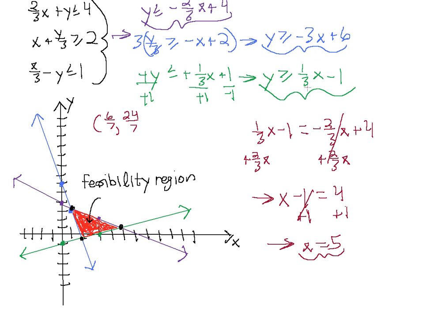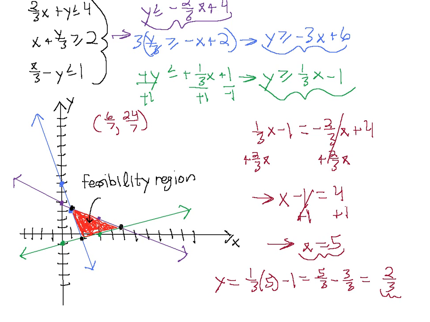We can plug it into either equation. We're going to have to deal with fractions either way, so let's deal with this one. So we have y equals 1 over 3 times x, which is 5, minus 1. So we have 5 over 3 minus, we turn 1 into 3 over 3. We get a positive 2/3. So we have a value for x and a value for y.